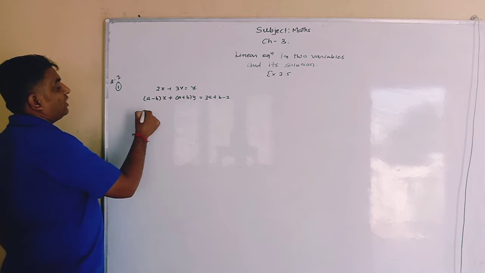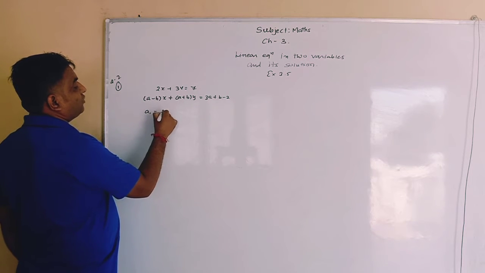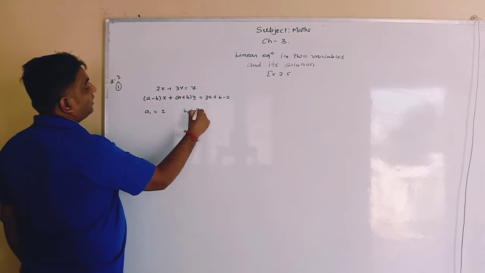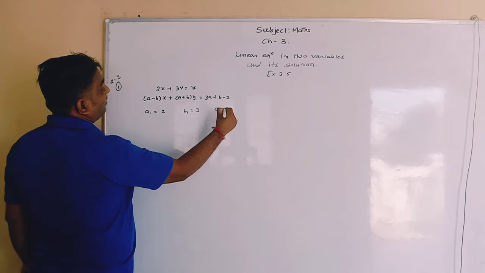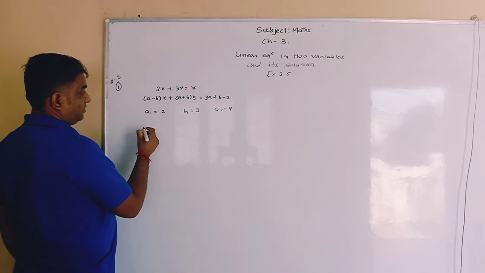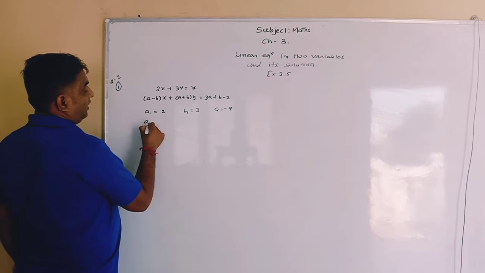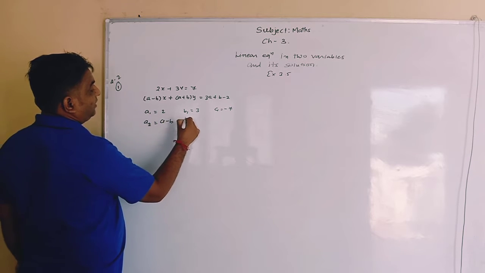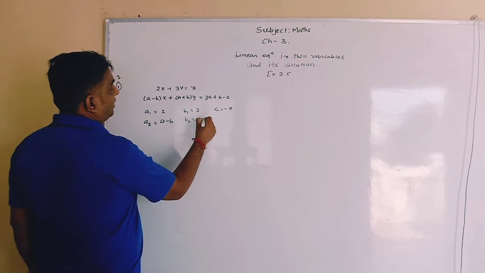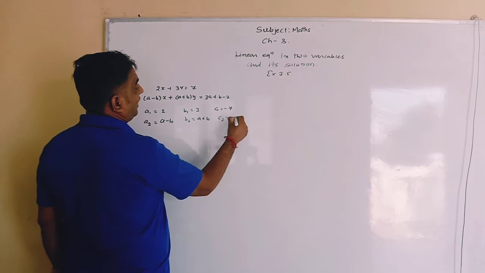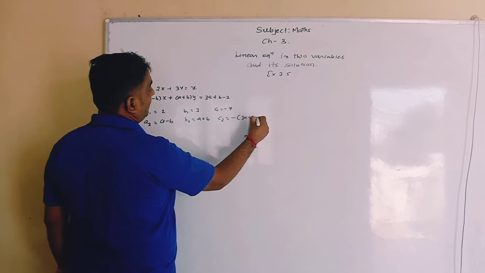So we write down a1, b1, c1: a1 is 2, b1 is 3, and c1 will be -7. a2 is a - b, b2 is a + b, and c2 will be -(3a + b - 2).